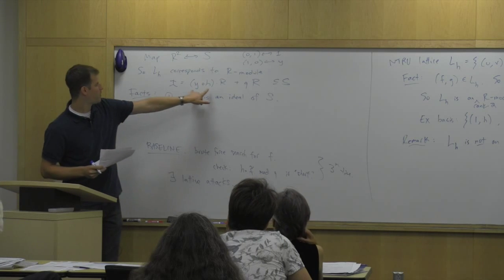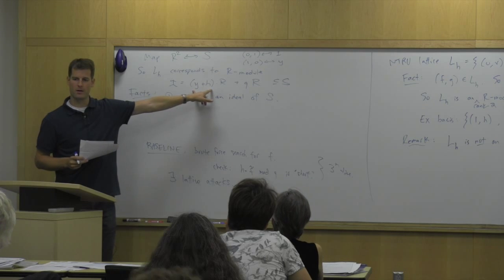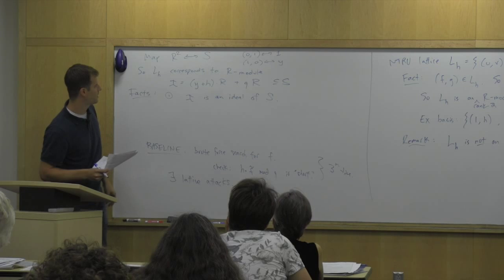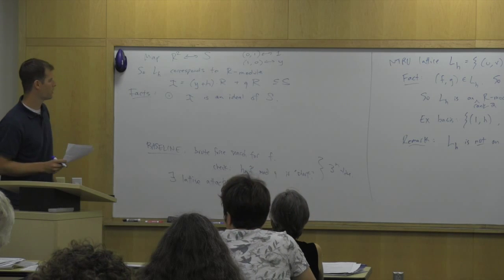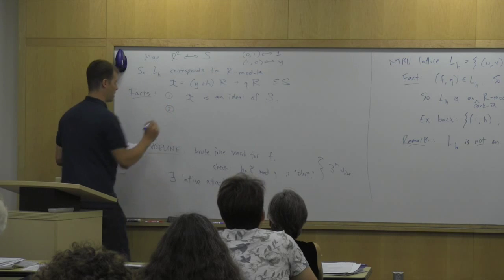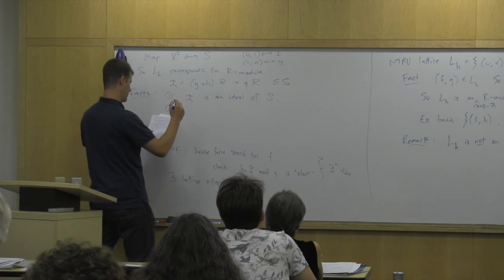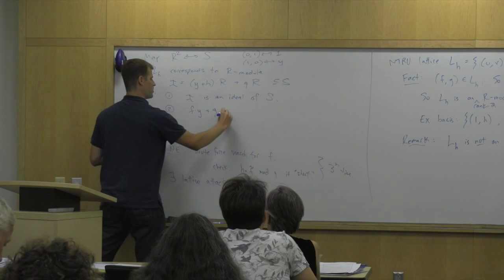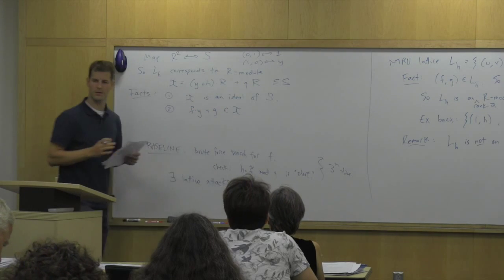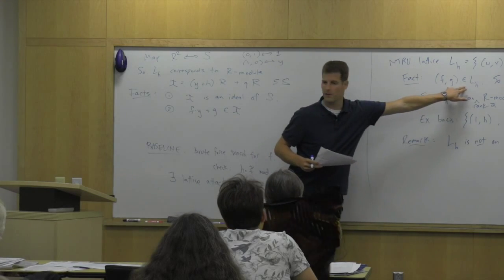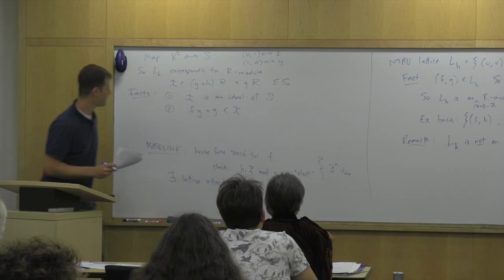You just check that y plus h times y still lives in I. I can write the equations, but they're not particularly hard or insightful. So I is an ideal of S. And furthermore, an even more obvious thing is that f times y plus g lives in I. This follows directly from this construction.